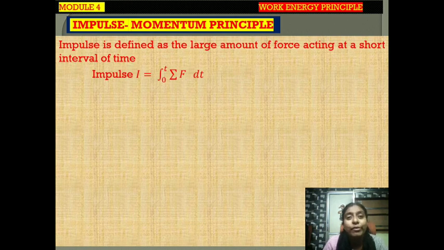It is nothing but force acting in a short duration. So impulse I is equal to sigma F into dt, force acting over a small time period dt, sigma F being the large force. So the total impulse we get by integrating from 0 to t.